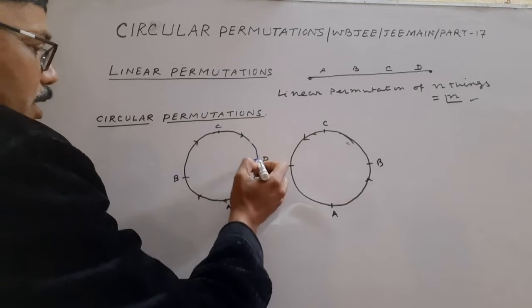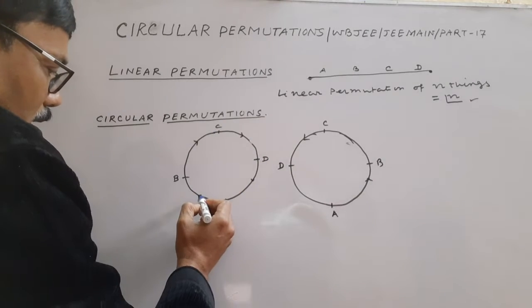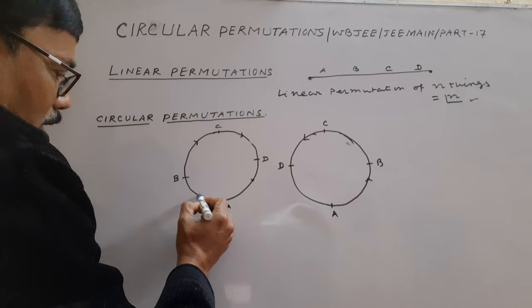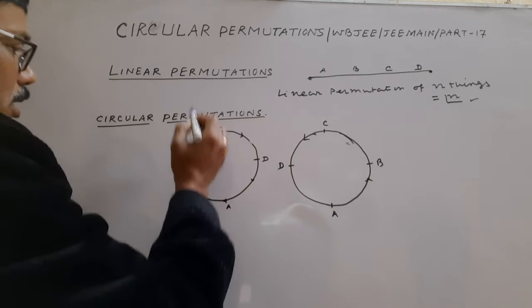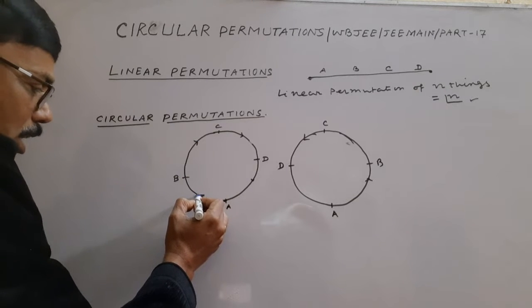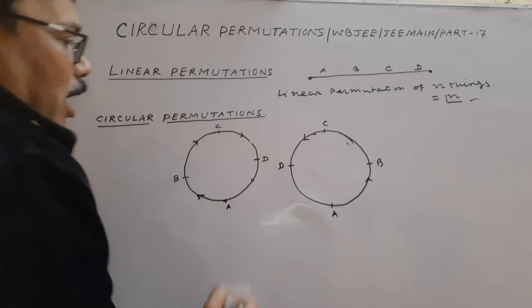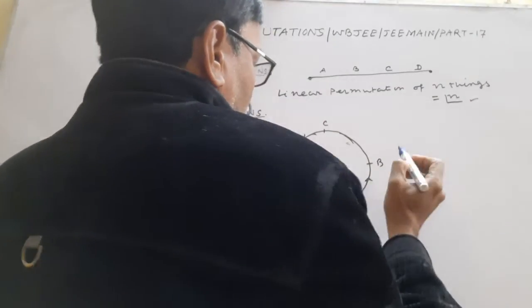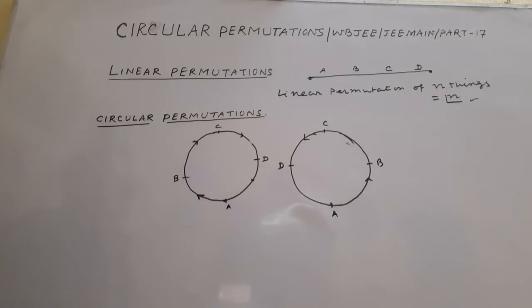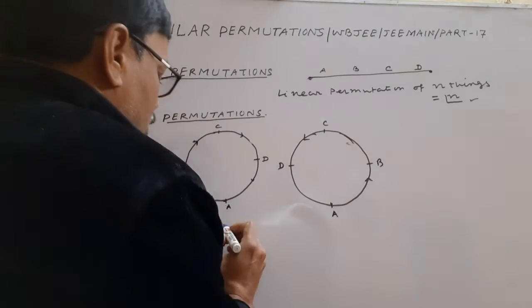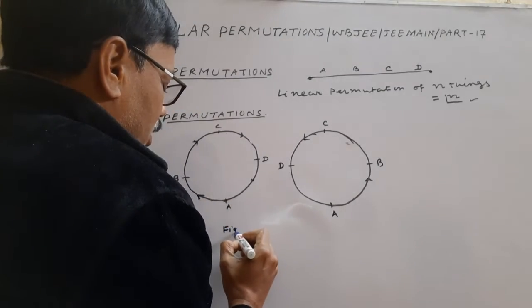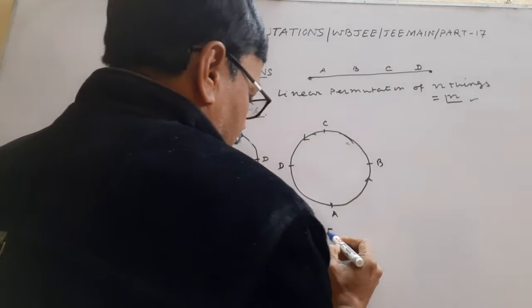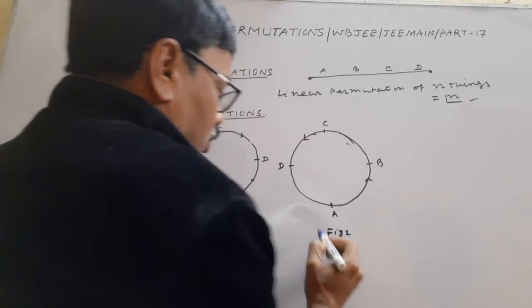A, B, C, D, four things. One is anti-clockwise, and in case 2, it is clockwise. A, B, C, D are arranged in clockwise. This is figure 1, figure 2.